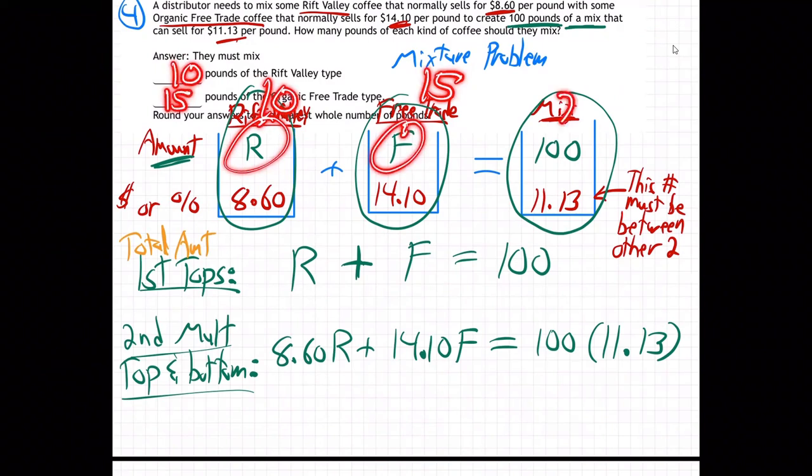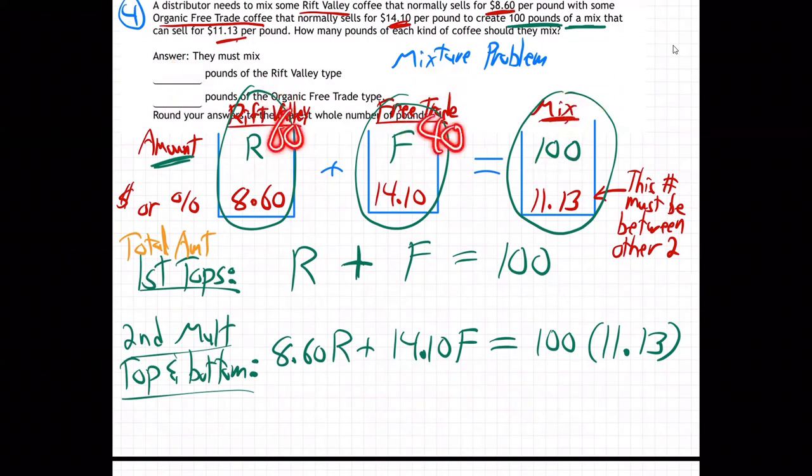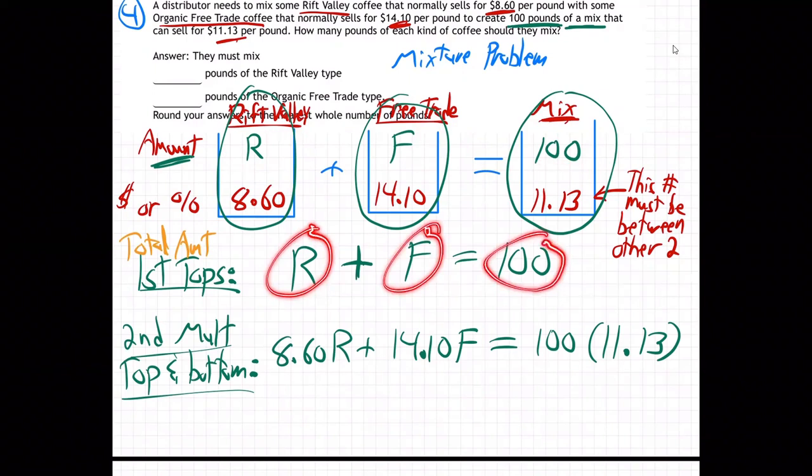Then that's 25 pounds total. Well, it can't be, because it's got to be 100 pounds. So maybe this is 60 pounds and this is 40. They have to add to 100. My point is the first equation is just adding up the total amount of coffee. However much coffee is in the first bucket plus however much coffee in the second bucket has to equal 100 pounds total. So that makes sense.